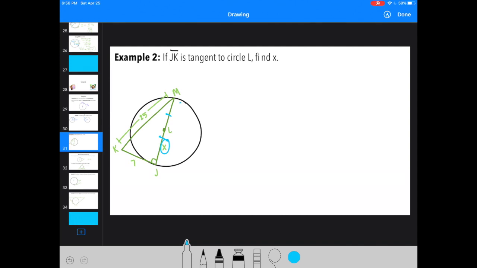Well, I can use Pythagorean theorem. Okay, I'm just going to make this whole thing y just so we don't have any confusion. So y squared plus 7 squared is equal to 25 squared. y squared plus 49 equal to, what's 25 squared? 625.